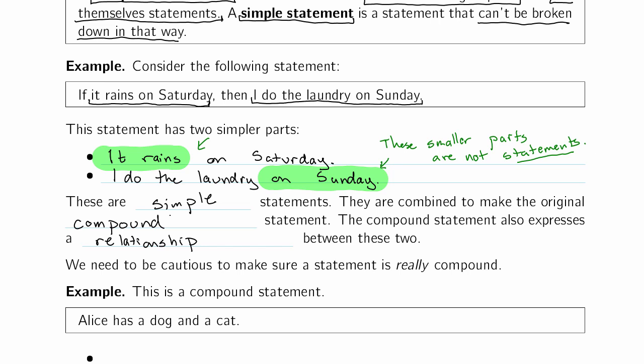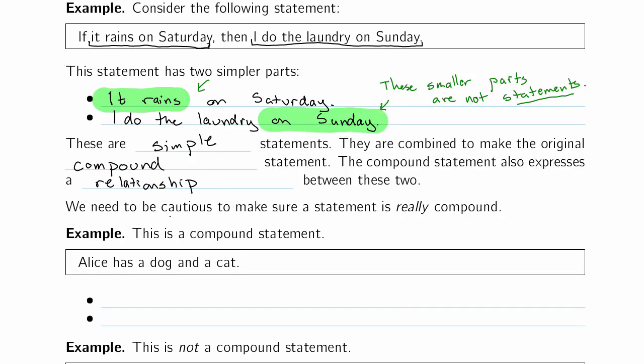Here is an example. This is a compound statement. Alice has a dog and a cat. This sentence is telling us two facts about Alice. Alice has a dog, and Alice has a cat.